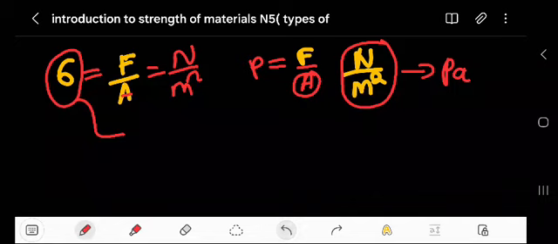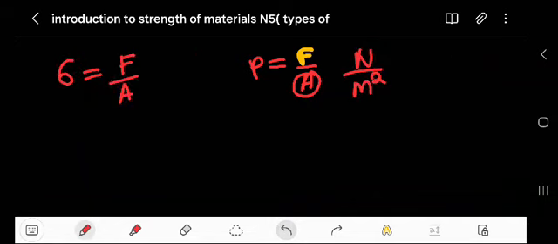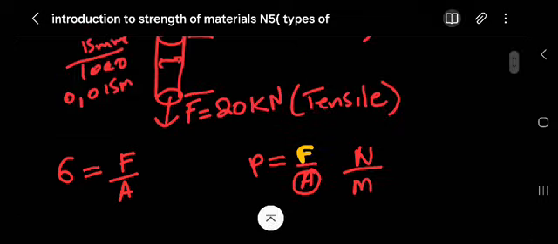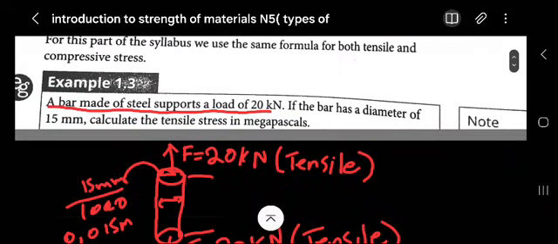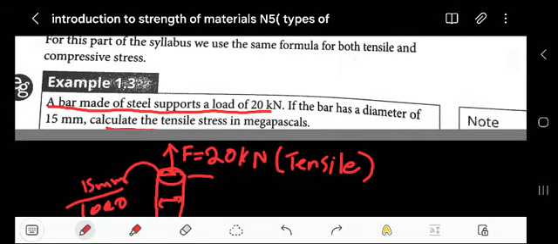You must be very, very careful there. Hopefully you understand. But then they want us to calculate the tensile stress in megapascal. What is mega? Mega is times 10 to the power of 6.